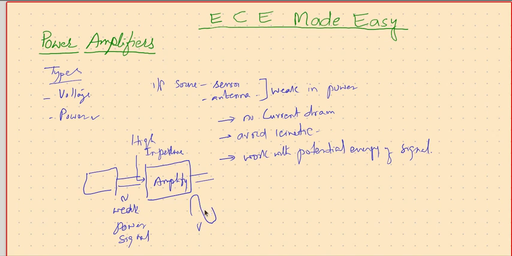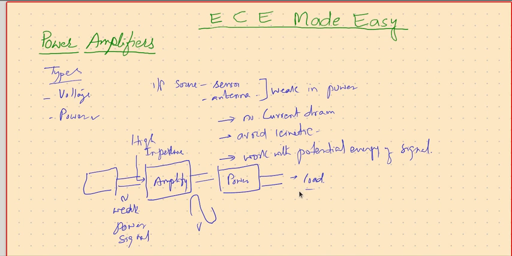Now we have a sufficiently large voltage signal, and this can further be amplified using a power amplifier, and then we connect it to our load. So that is one reason why we need two types of amplifiers. The other reason is the power.